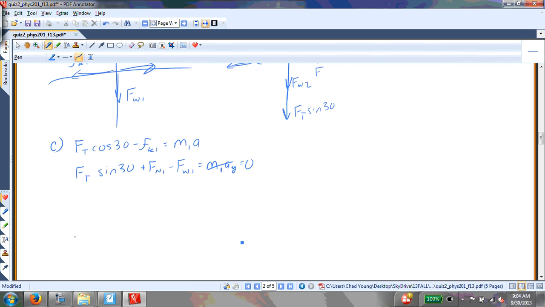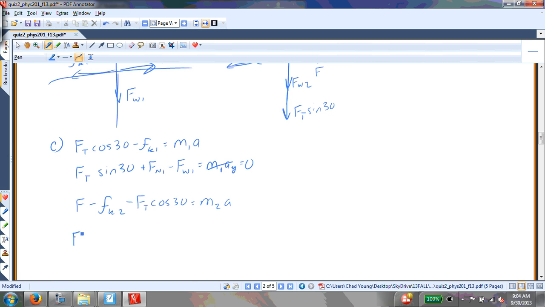Then the third equation, on the right, I'm going to have F minus Fk2 minus Ft cosine 30 equals M2A.